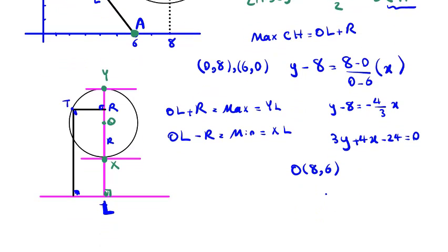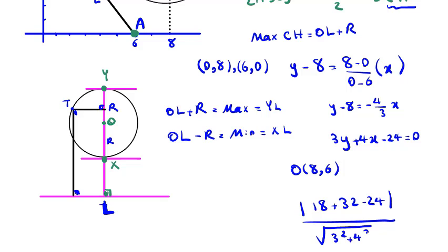If you want the distance of this point, you replace this point in this line. It will be 3 times 6, 18, plus 4 times 8, 32, minus 24, over the root of 3 squared plus 4 squared. Here it will be what? 32 minus 24 is 8, 8 plus 18 will be 26, and the denominator is 5.